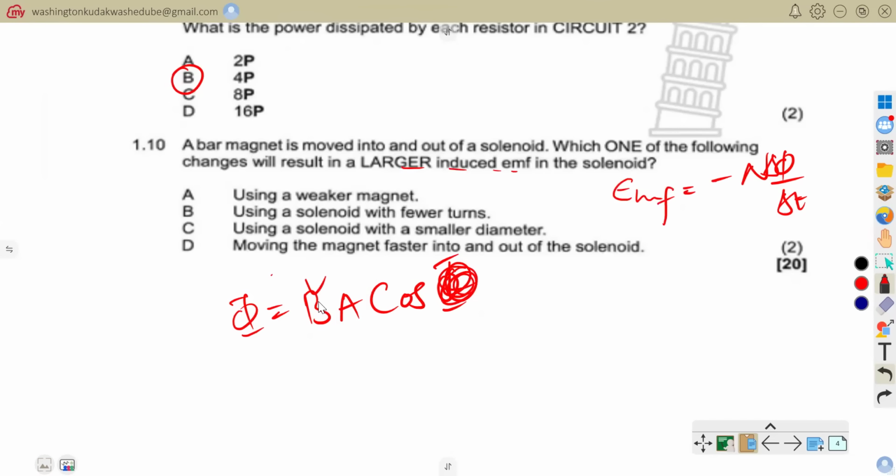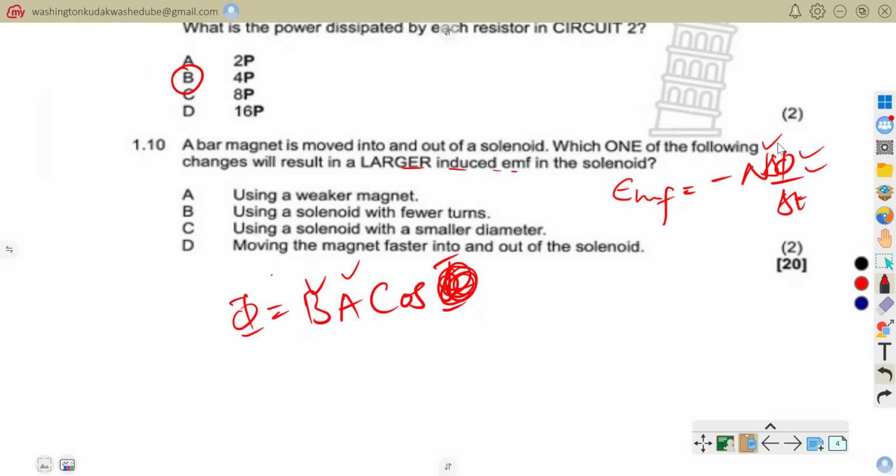Now, the stronger the magnetic field, which is the stronger the magnet, the higher the EMF induced. The bigger the area, which is the bigger the diameter of the coil, the larger the EMF induced. And the faster the rate of change, the higher the EMF induced.